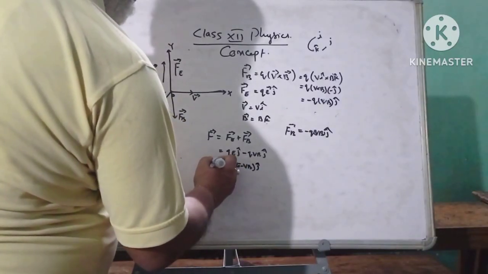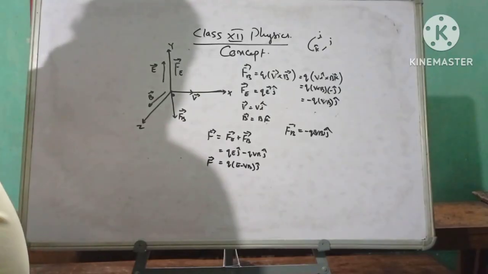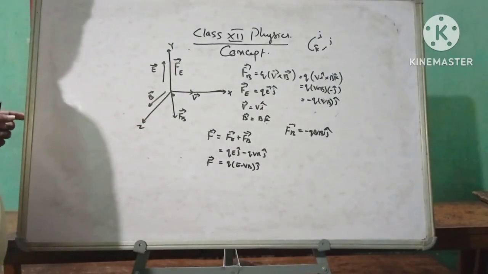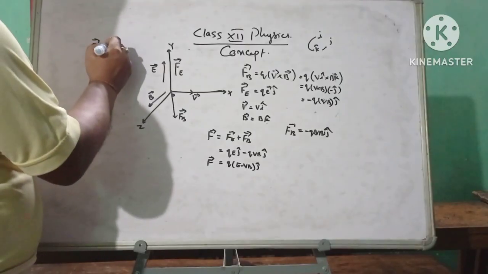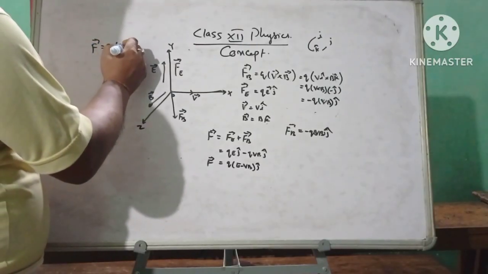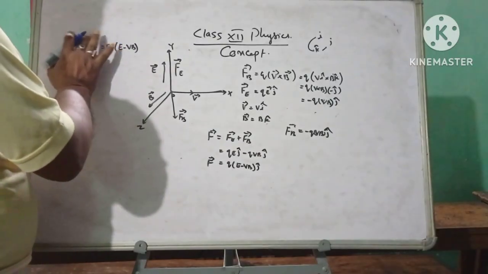This is your force F. Now if we take the magnitude, F is equal to q(E minus VB). This will be your magnitude of force.